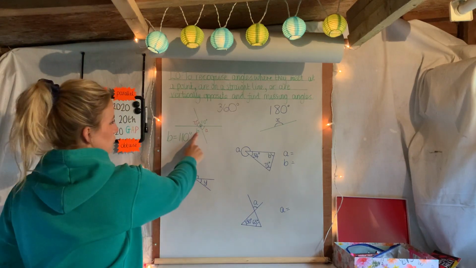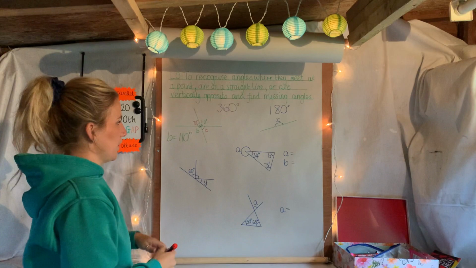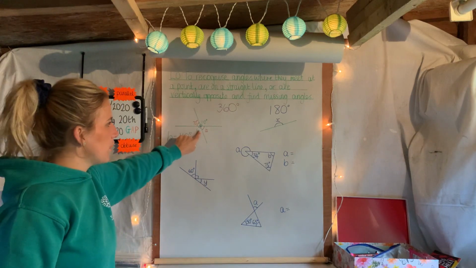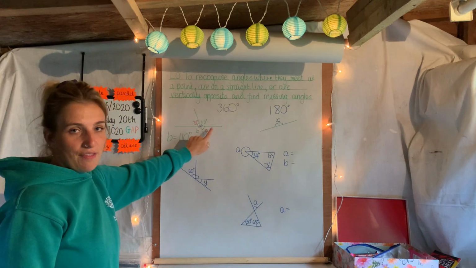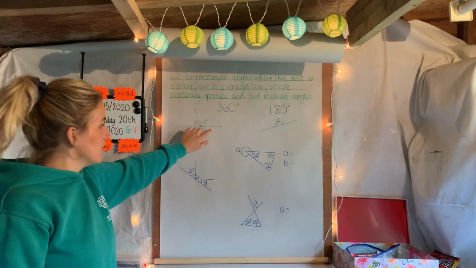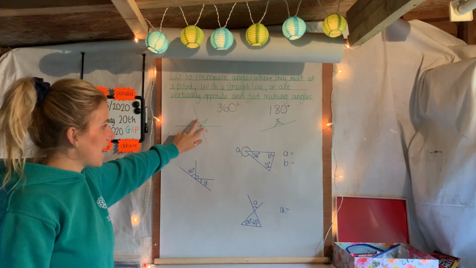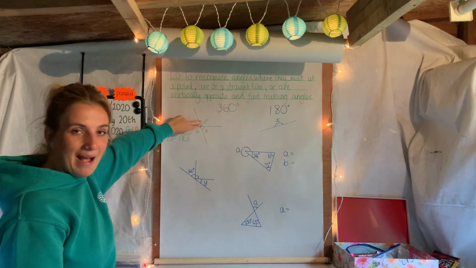Now, if that's 110, that's 110, that's 70, I could work out the size of that angle by taking all of those away from 360, couldn't I? However, I don't need to, again, because it's vertically opposite here. That's why I've colour coded it red and those two green, because they match.